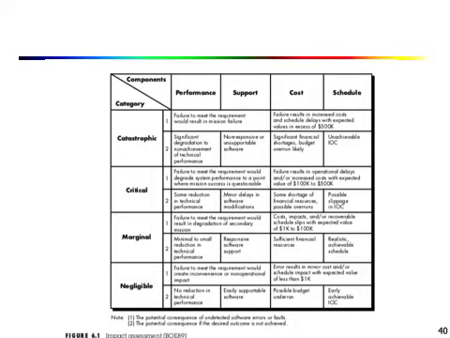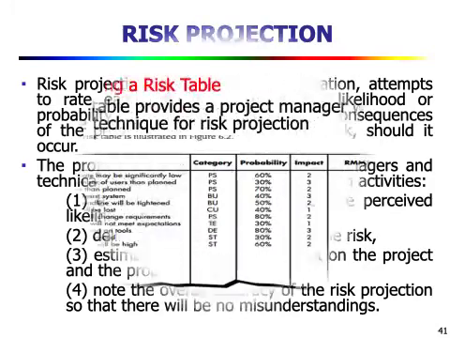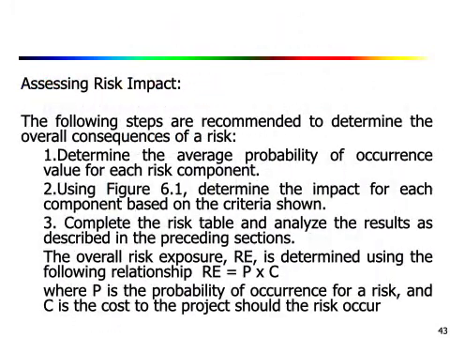Using this figure, you have to determine the risk impact. Then third step, you have to complete the risk table and analyze the results as described in the preceding section.